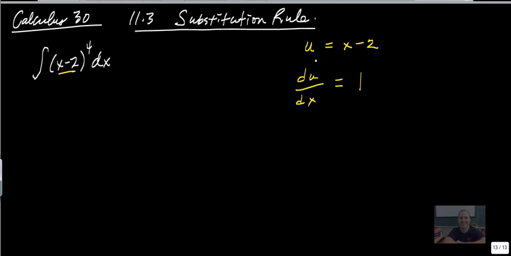Now, we haven't spent a lot of time on this in Calculus 30. We haven't spent a lot of time on differential equations. Okay? But when we're talking about differential equations, we can write an equation that has different derivatives of different things in one equation.